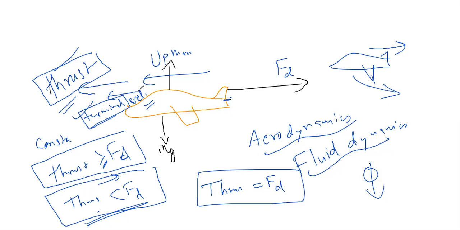But by convention, by definition, this terminal velocity is always to be used for any downward falling object.